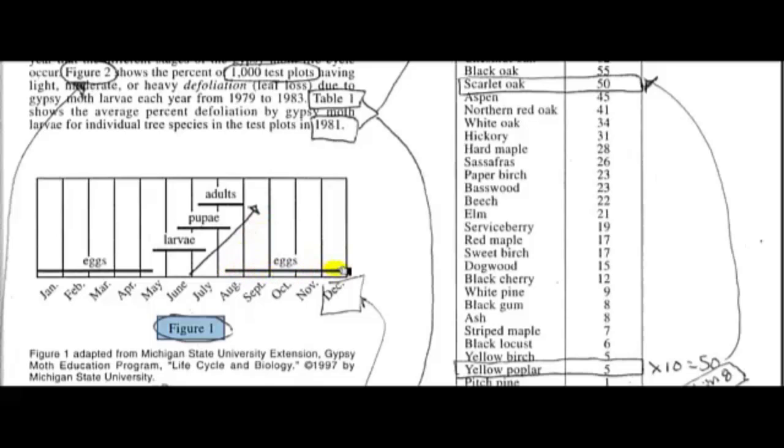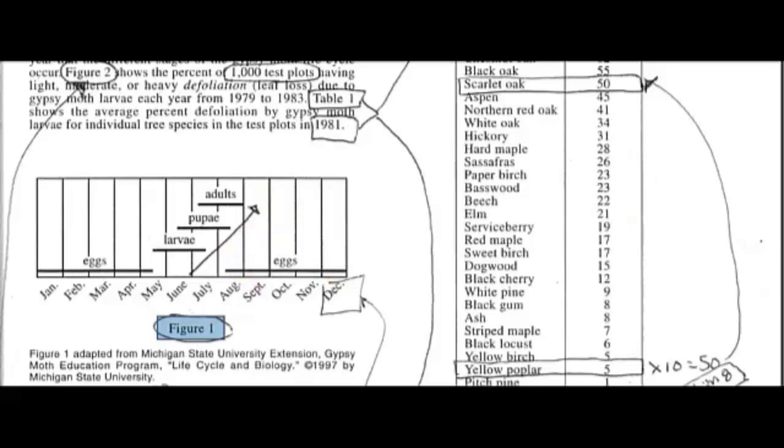Then the eggs will transform into a larva, into pupae, into adult, and then the adult will make more eggs. So that's the progression here. You go from eggs into an adult, and adults are the only ones that are going to be able to produce eggs. That's why we're going up, up, up, down, down, down, and so forth.